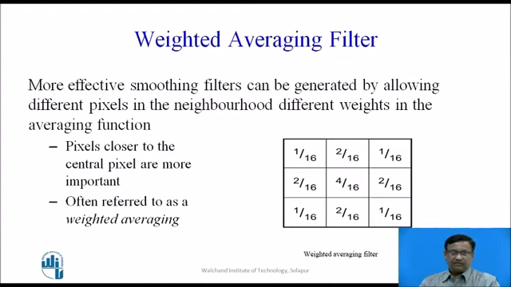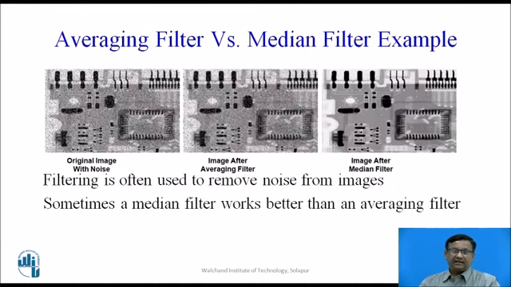This is often referred to as weighted averaging. If we apply this filter and the median filter on the original image shown on the left, filtering is often used to remove noise from images, and sometimes we find that the median filter works better than the averaging filter. The image in the middle is the image after the averaging filter, and the image on the right is after the median filter. So we observe that the median filter produces a good result.